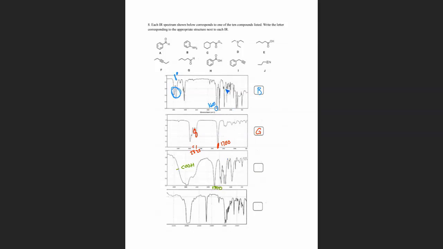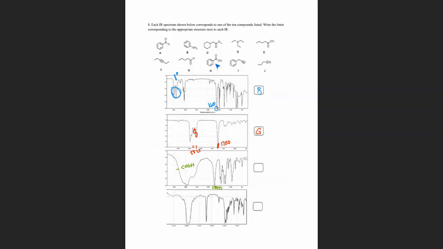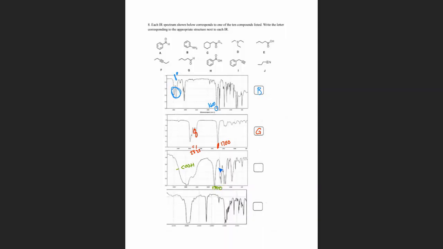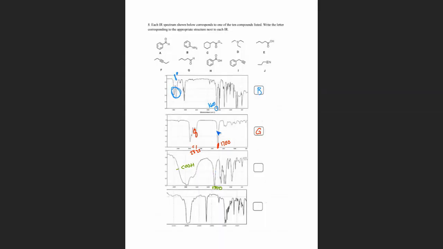Going back to our options, we have option E and option H. Again, similar to the previous graph, we are missing a 1600 peak. This 1700 peak confirms that we have a carboxylic acid, because carboxylic acid has a carbonyl, and that leaves us with option E for the third one.